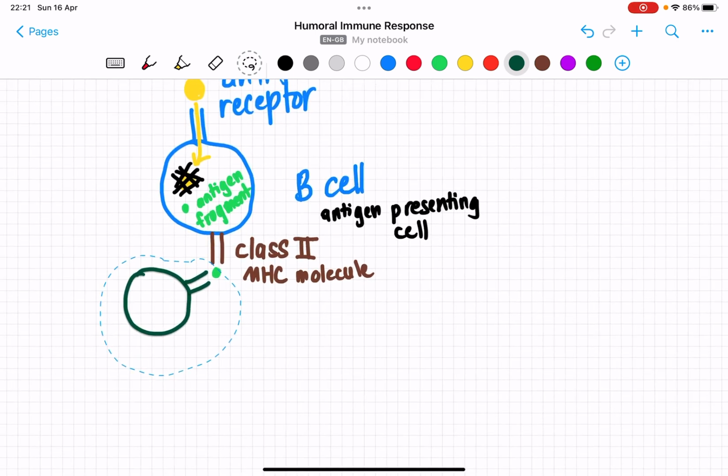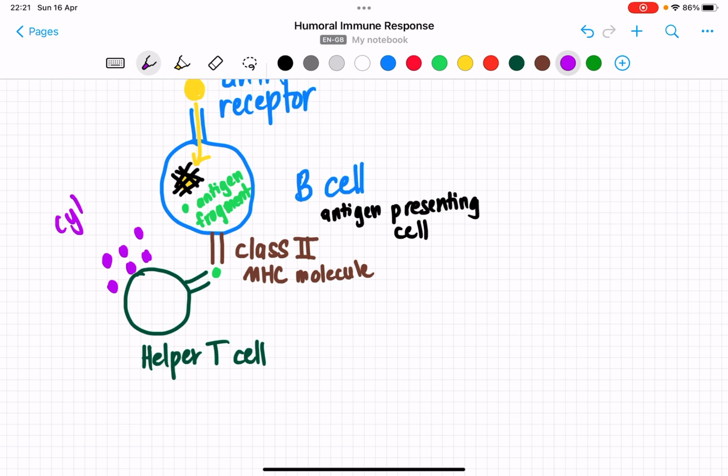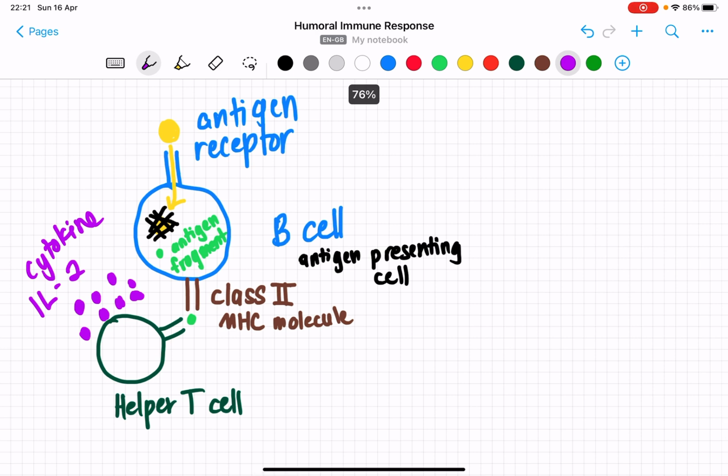After the binding, this is the helper T cell. After the binding, the helper T cell will secrete another cytokine, which is also known as interleukin 2, to activate the B cell.